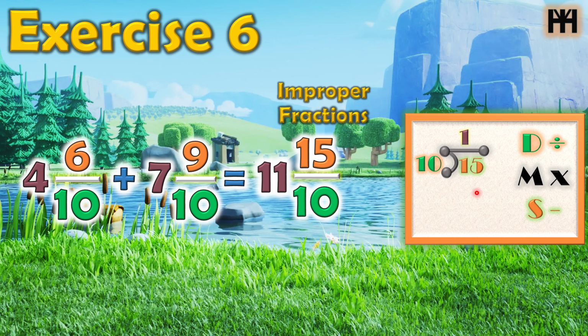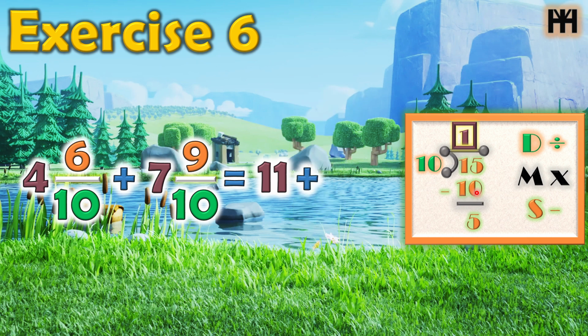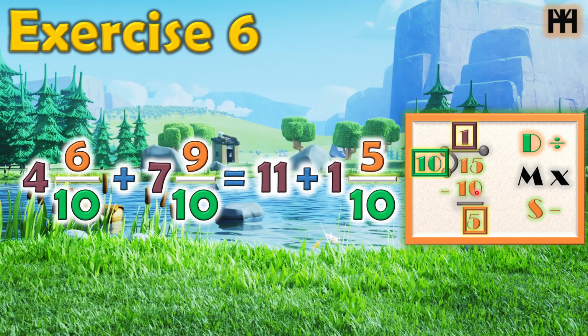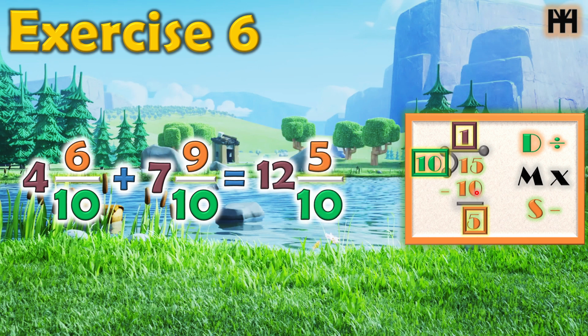The answer is only 1. Multiply 10 times 1, it's 10. 15 minus 10, then it's 5. Okay, now the whole number will be 1, and the denominator will be 10, and the numerator will be 5. So it's 11 plus 1 and 5 over 10, so it's 12 and 5 over 10.